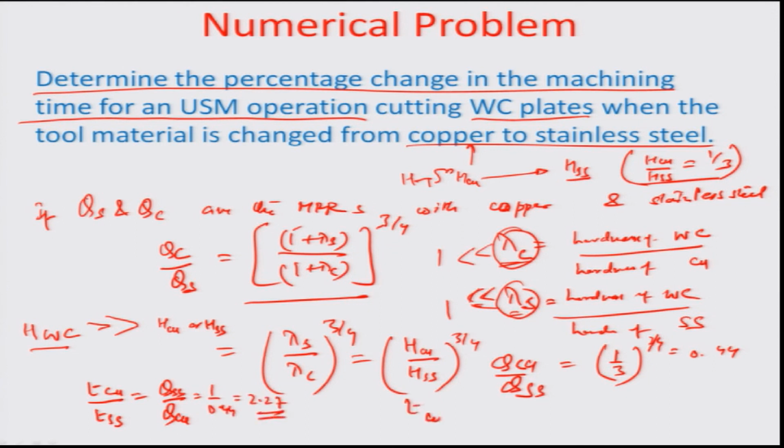So the time of a copper tool is at least 2.27 times more than what is obtained on a stainless steel tool.